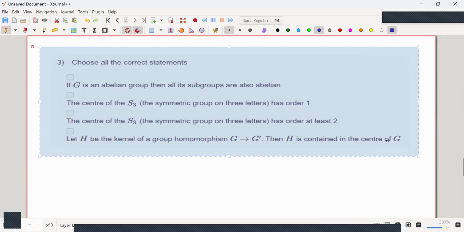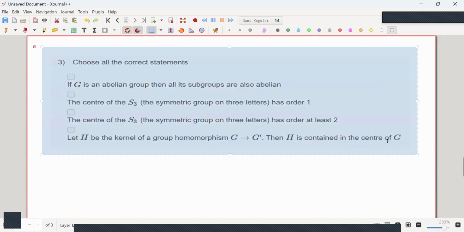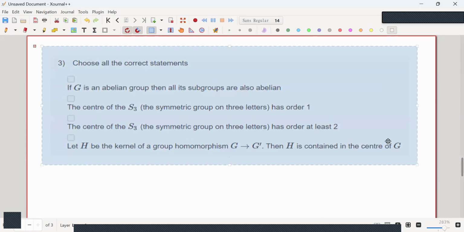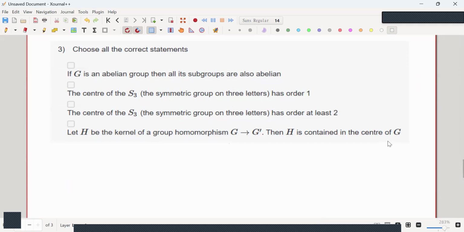So we are supposed to choose all the correct options. If G is an abelian group, then all its subgroups are also abelian. Is this true? This is true. Why?